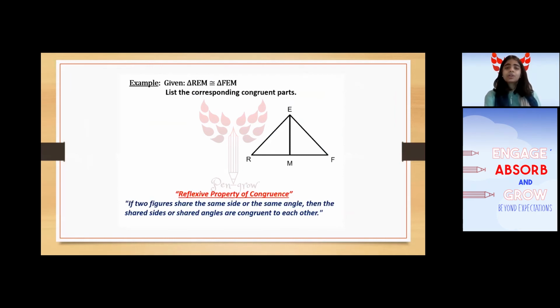Okay. Now let's look at this. If it says the triangle REM is congruent to the triangle FEM, so what can you say about this triangle? Now, you know that the two triangles, they are congruent.